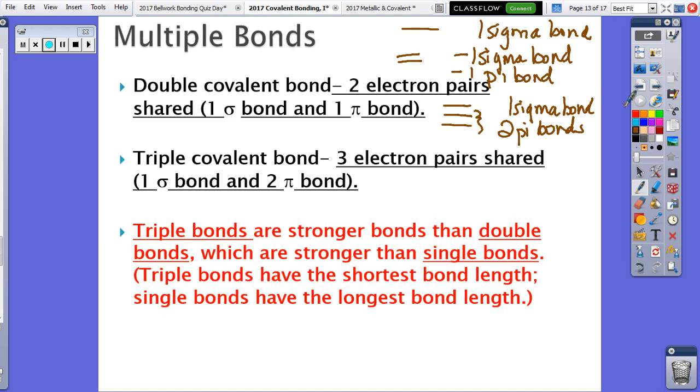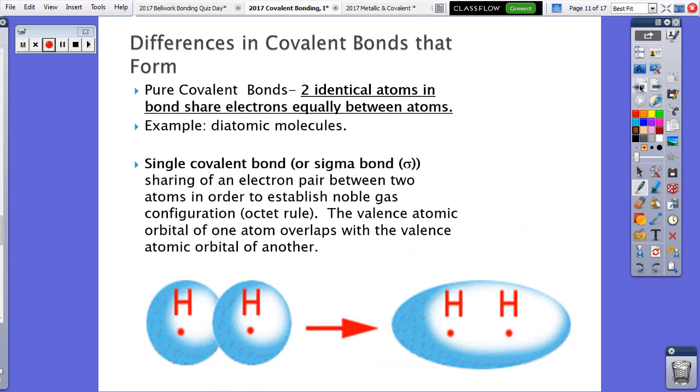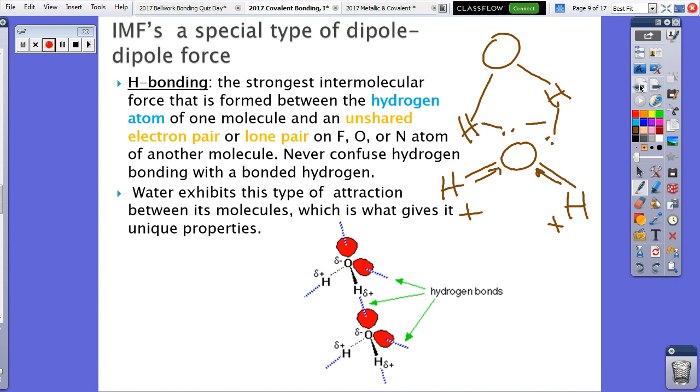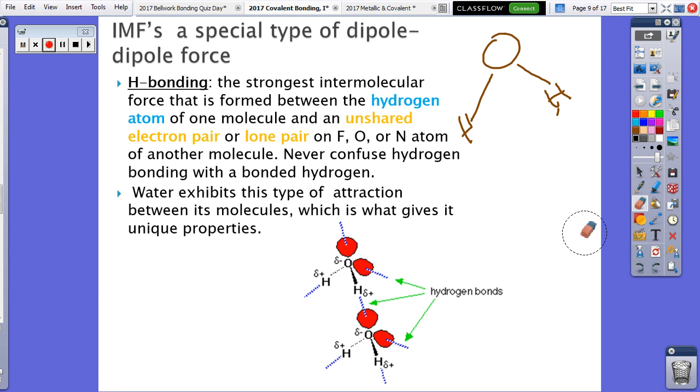So just as a quick little review to make sure you understand the sigma and pi bond combination, if we go back to our water molecule picture that we drew here. So here's water. Water has two single bonds, so I would say that water has two sigma bonds.